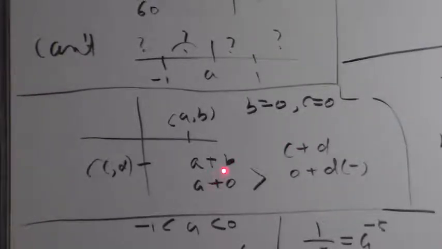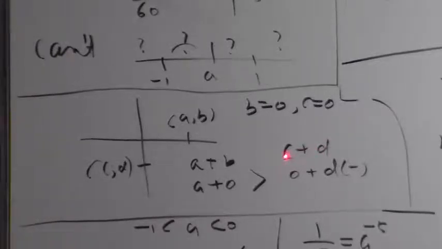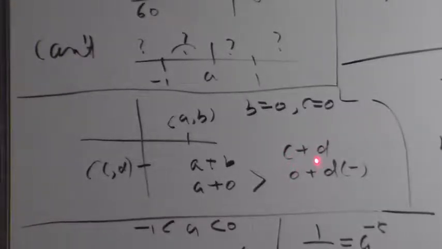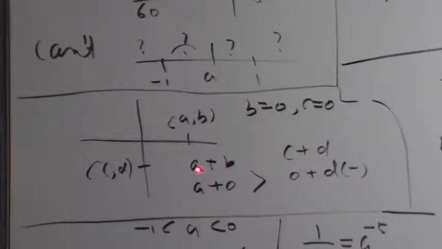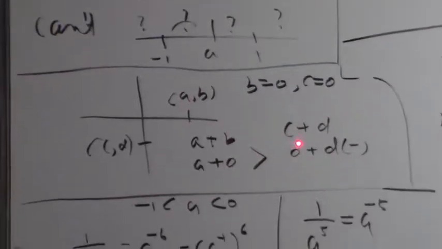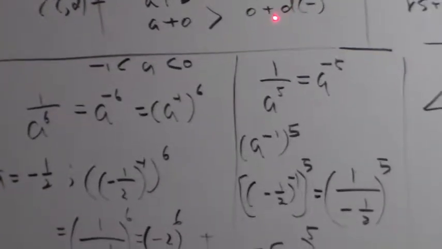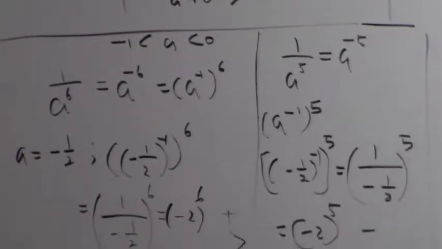B is 0, so A plus B is A plus 0, which is A. C plus D is, C is 0, only D, right? But make sure D is a minus value, right? So A is positive, so this one is greater than this one. This example is very, very important.